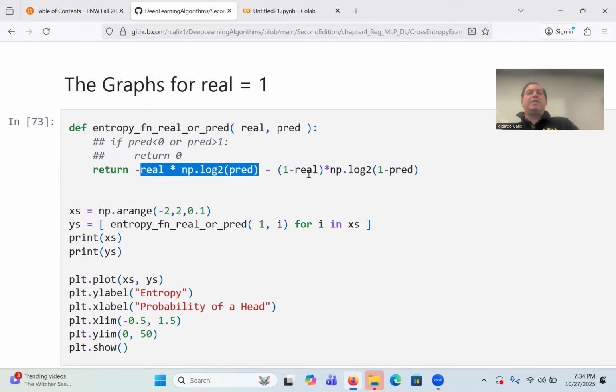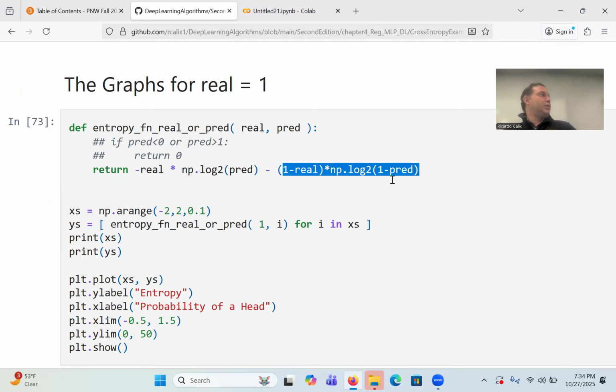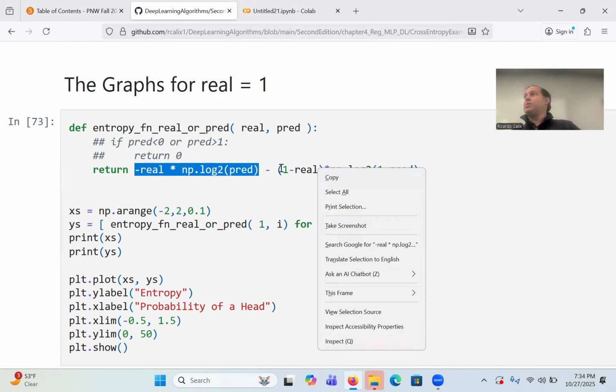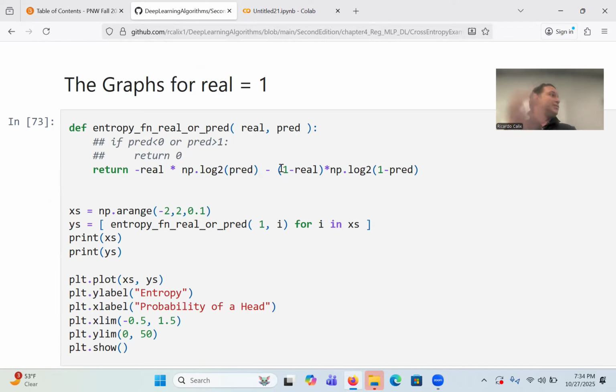And this one is 1 minus 0, so this one stays alive, correct? So this is what gets executed. Now, I said real is 0. What if real is 1? So what happens to this term if real is 1? It stays. Very good. And what happens to this side of the term? 1 minus 1 is 0. So it goes away. Do you guys see that?